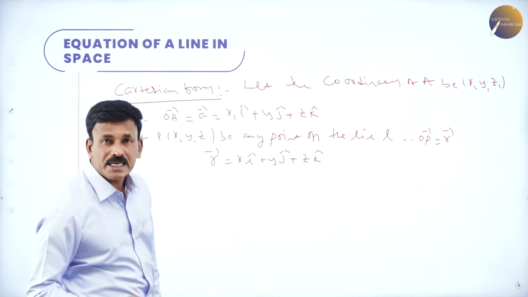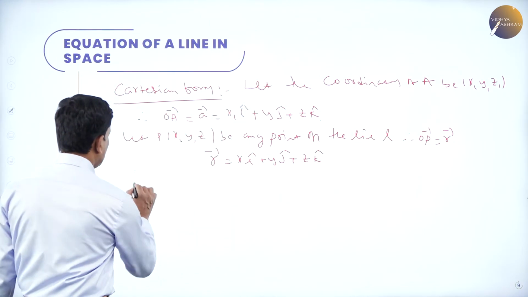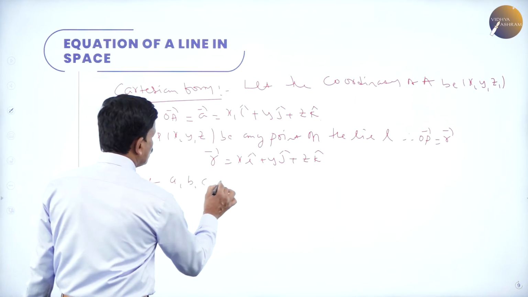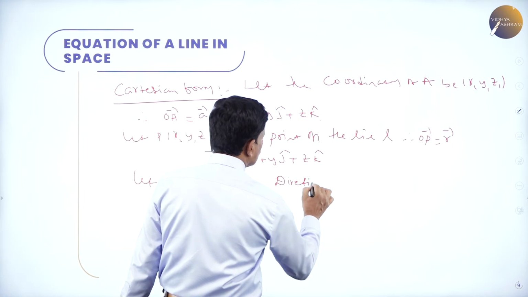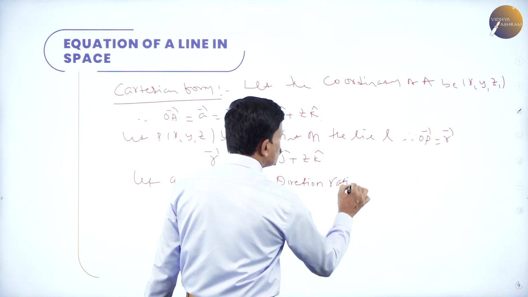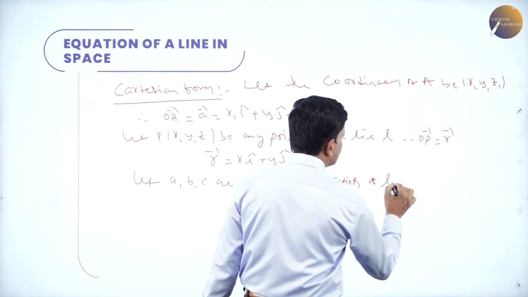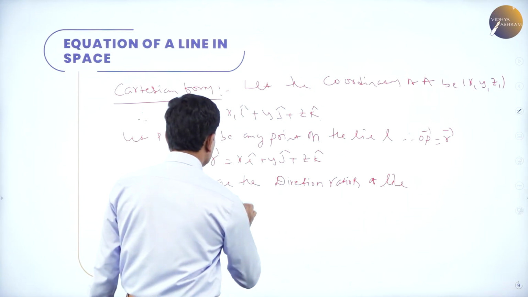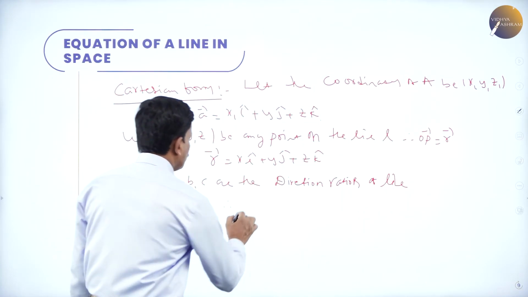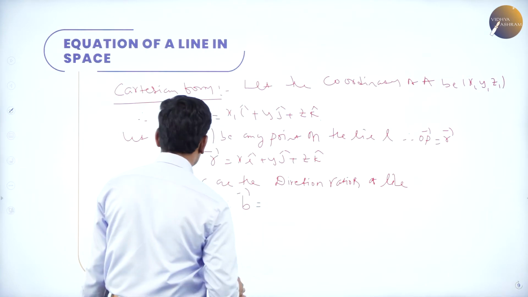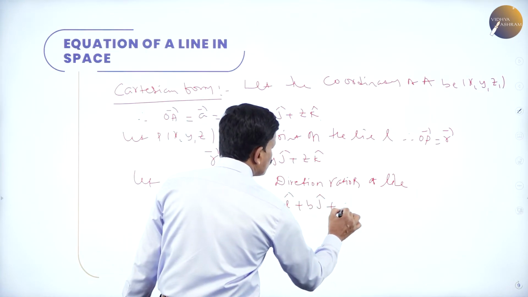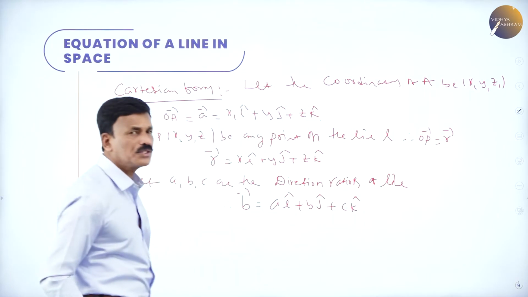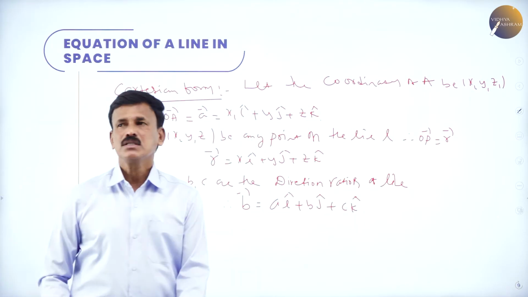Now let a, b, c be the direction ratios of the line L. Therefore vector b = ai + bj + ck. So these are the given conditions. Now, listen to me here.